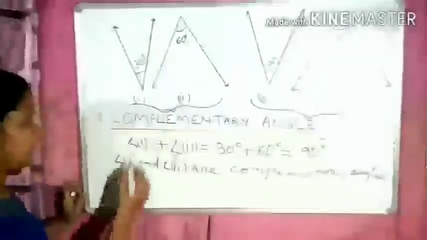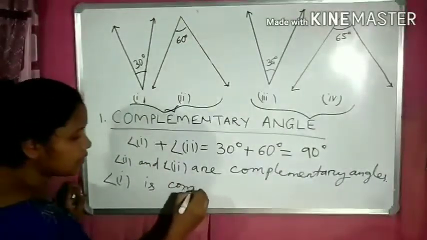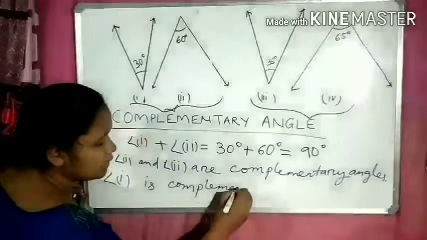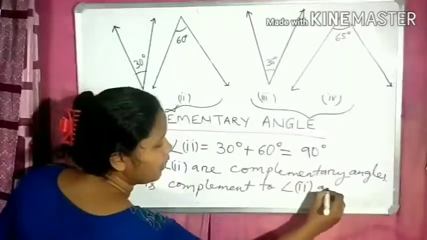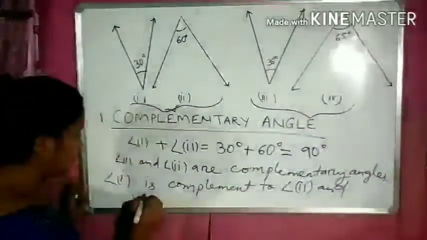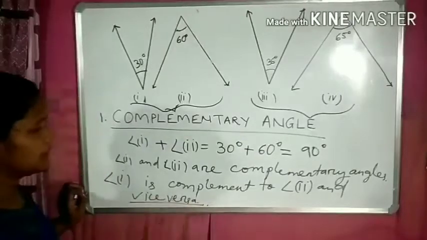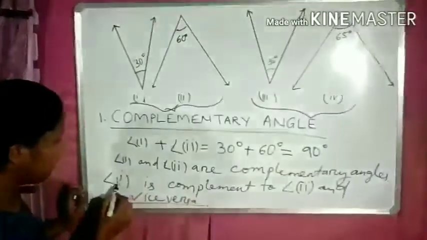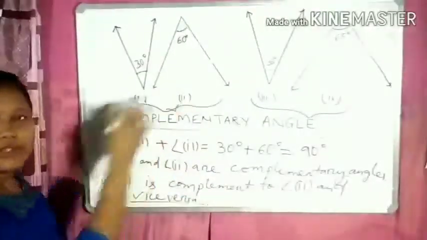Or we can say that angle 1 is complement to angle 2 and vice versa. Vice versa means angle 2 is complement to angle 1.